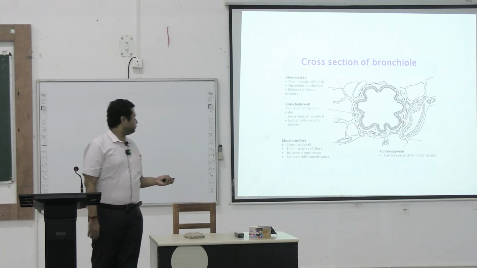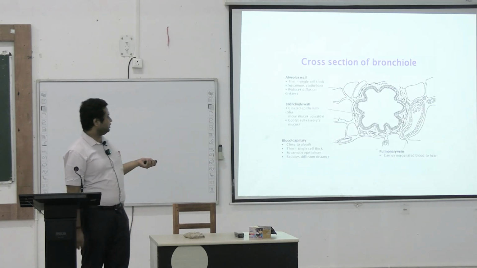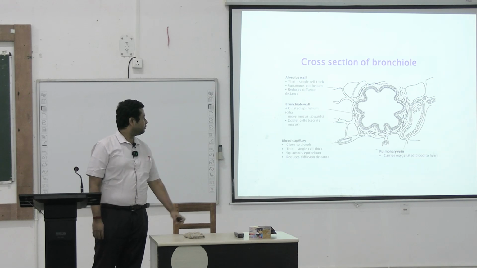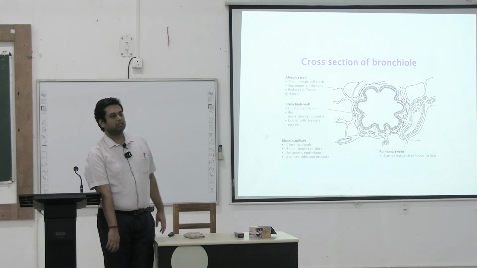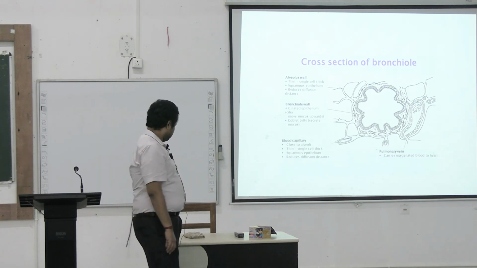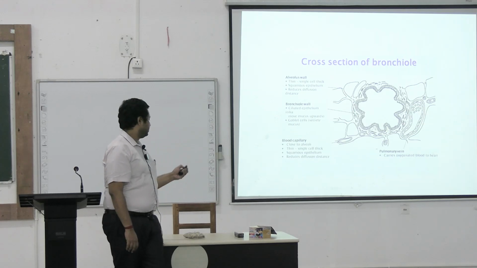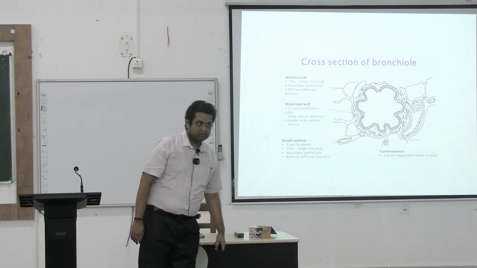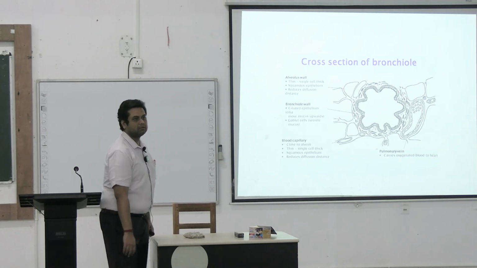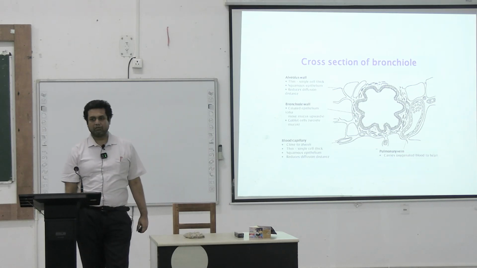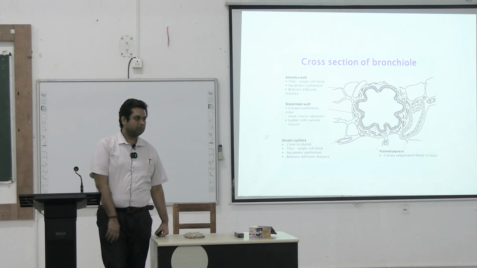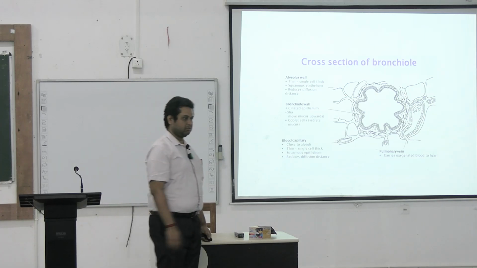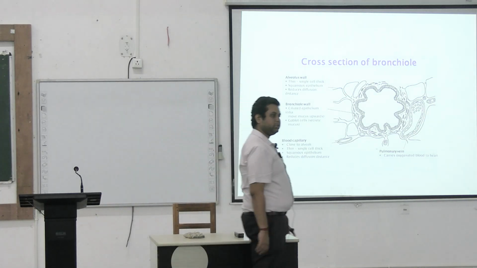So let's go deep into it. This is a normal cross section of bronchioles, the terminal bronchioles. What you can see here is an epithelial lining. What type of epithelium? Ciliary epithelium. Why ciliary epithelium?